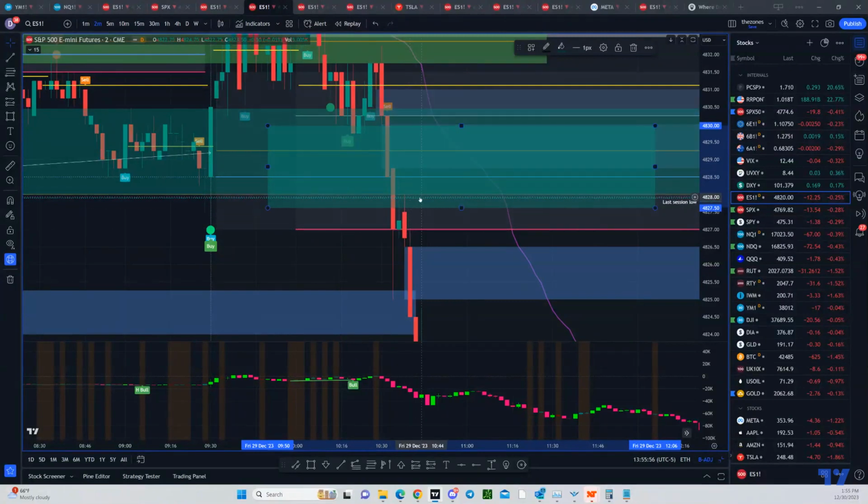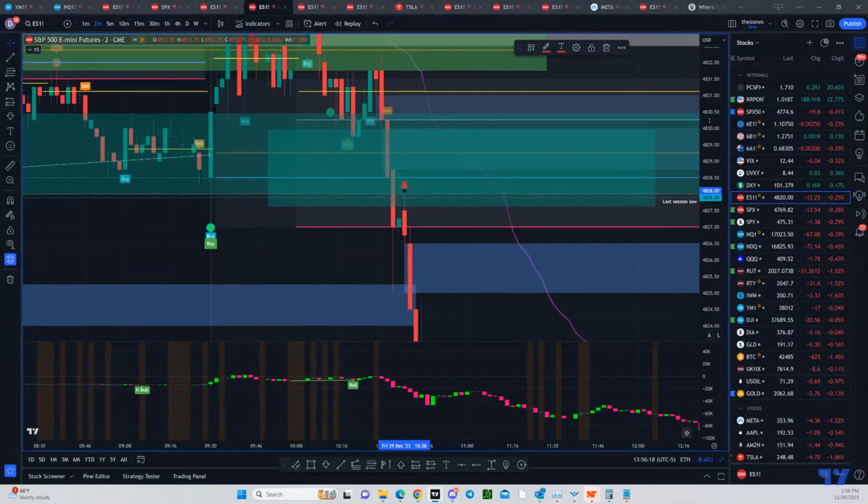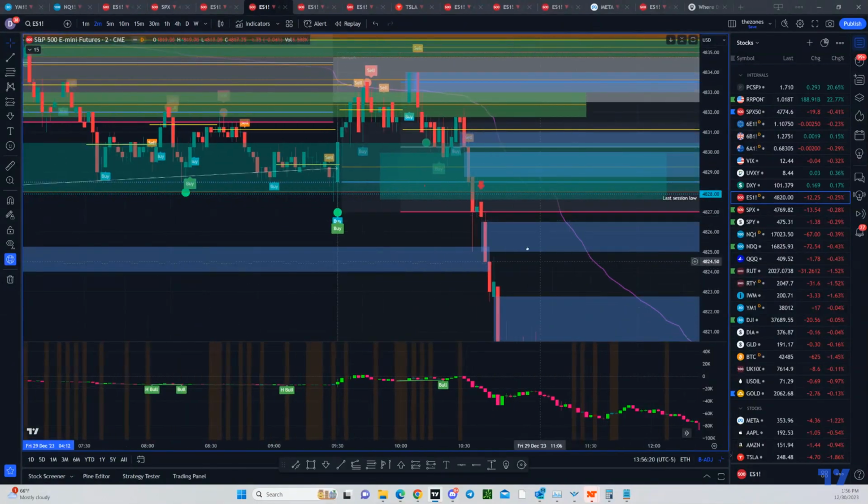And then what we got here is a retest of the previous session low, which is this right here. This would have been the trigger for a short. The stop would have been just a couple of ticks above 30, so you're risking 2 to 3 points. So this is what I'm looking at.